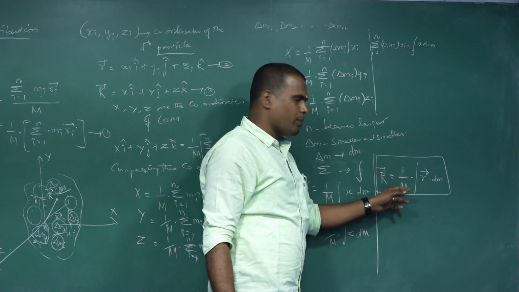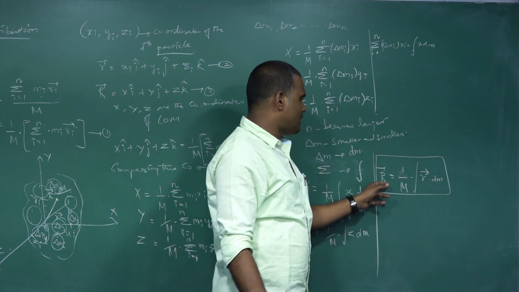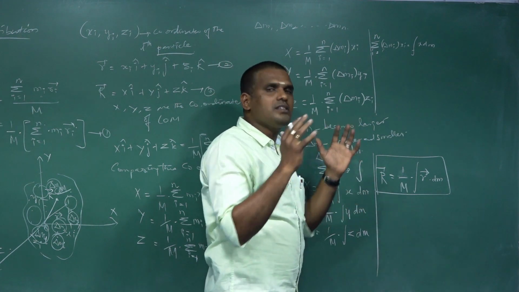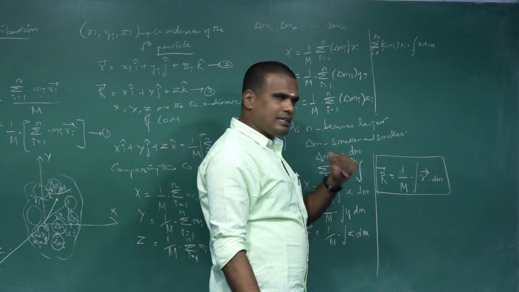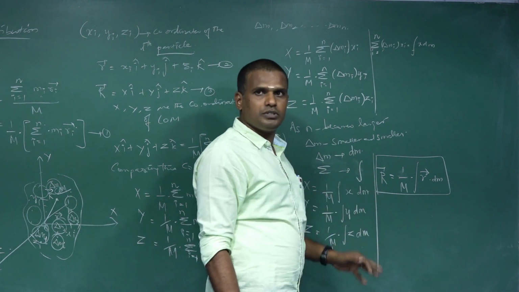Capital R vector equals 1 by M into integral of small r vector dm. So that I will get the position vector of the center of mass of the system of particles. Now, this is the vector form, or the vector expression, of all these scalar expressions.